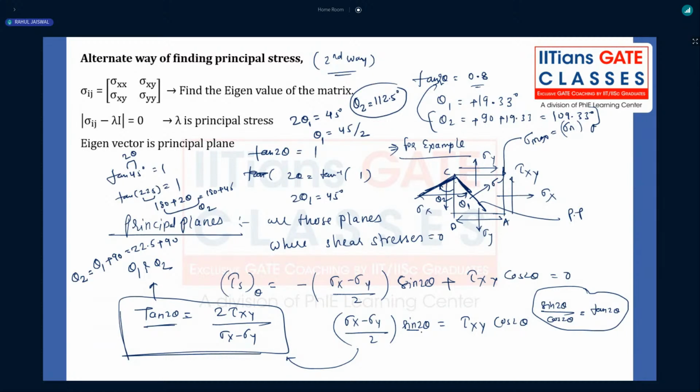Because if you put that value once again into tan 180 plus 2 theta, or whatever tan 2 theta, you will be getting the same result once again. Yes or no? All of you, whether it is clear, mathematics. Are all of you getting clarity about this or not?